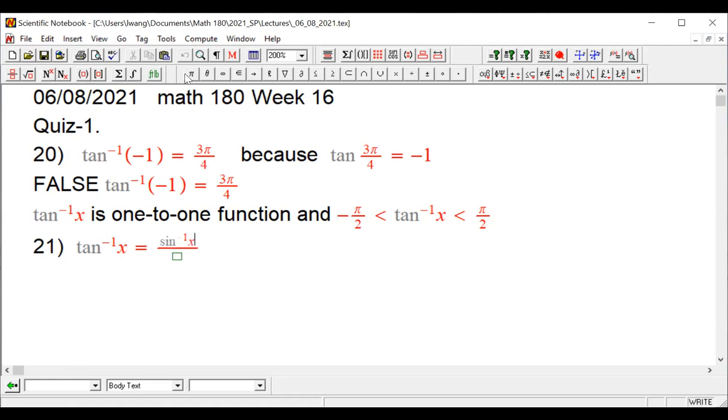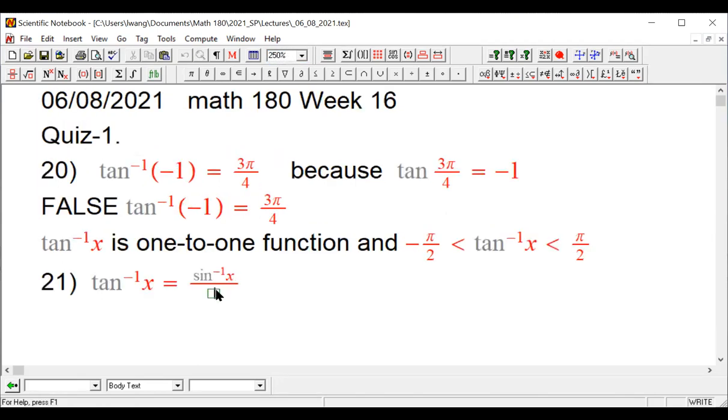We can figure out where this comes from. Cosine inverse of x, there's no such thing. It is false.